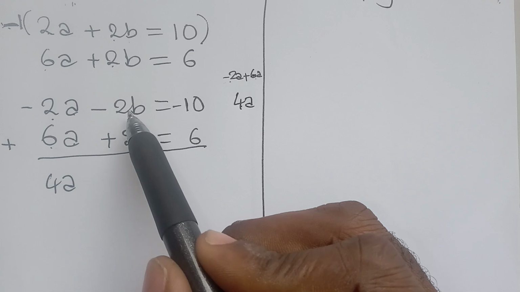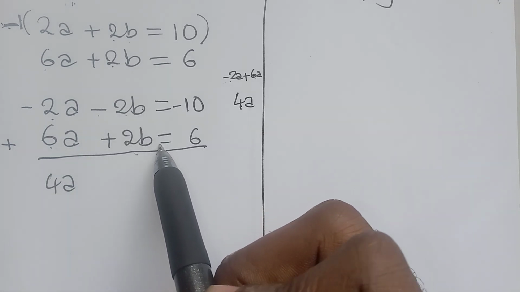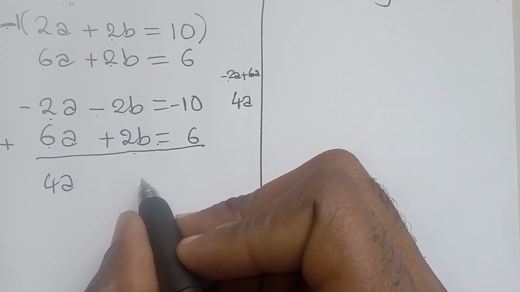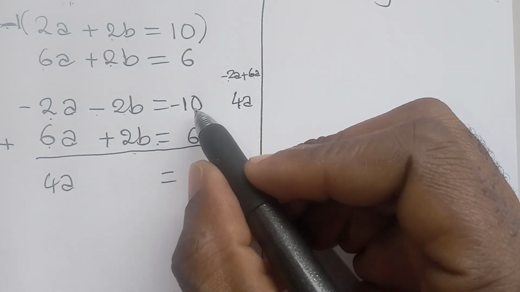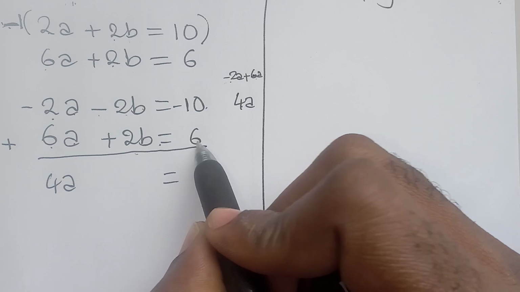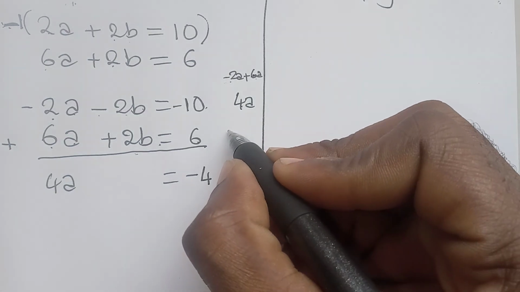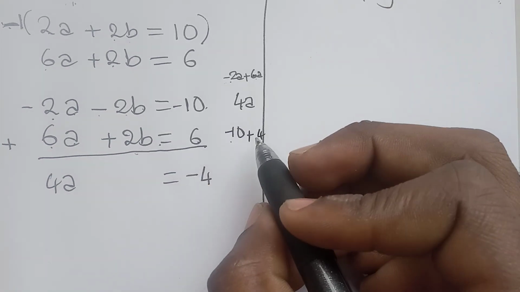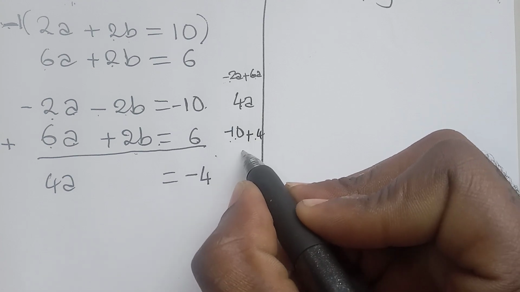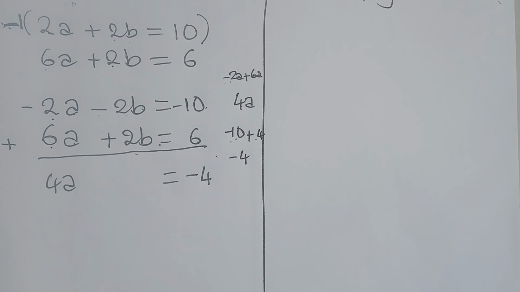And then when you add negative 2b to positive 2b, this will simply be a 0, as you may have seen from assignment 1 and 2. And then negative 10 plus 6, this is negative 4. Remember, you have different signs here, so you can subtract and get the sign from the bigger number, which is 10.